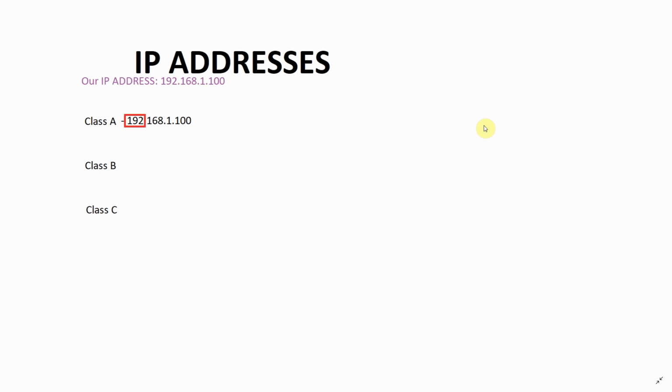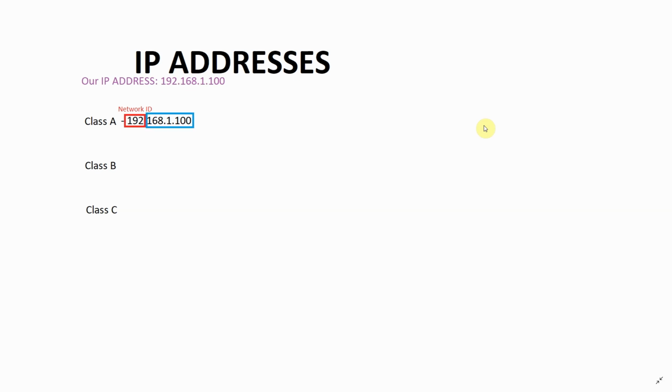Well, with class A, the first octet, which in this case is 192, is actually going to be our network ID. So as a conglomerate, all the devices on this network will be part of the 192 network ID.